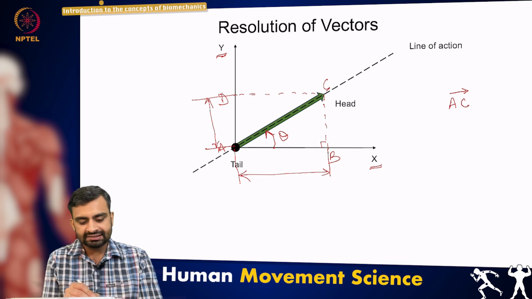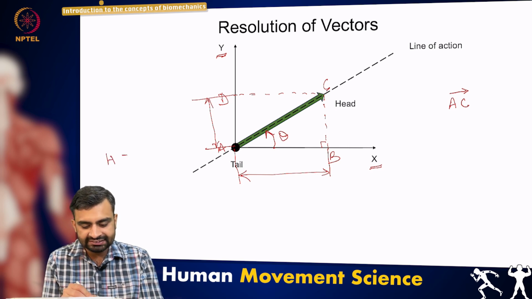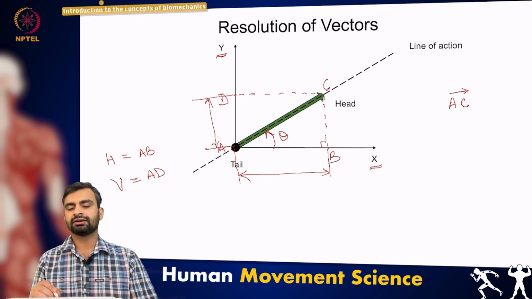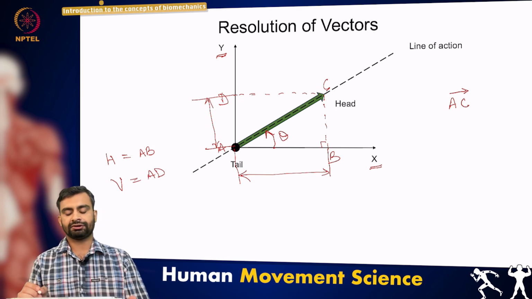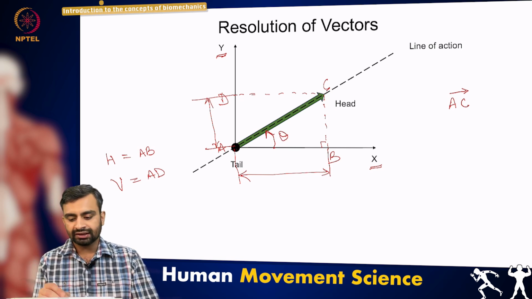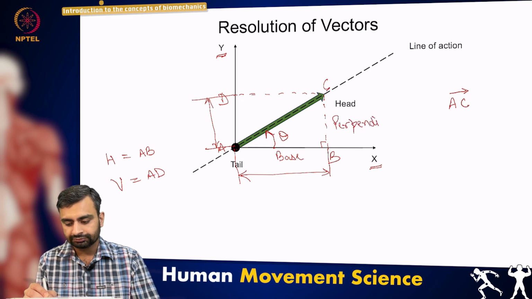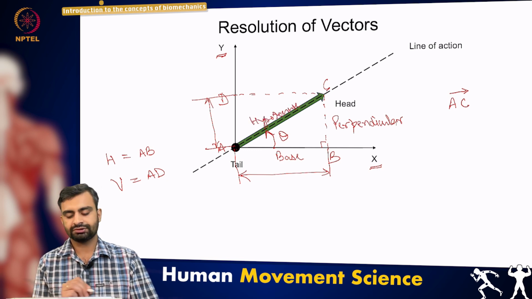If I represent horizontal by H, it represents the magnitude of AB, and vertical by V the magnitude of AD. Using the right angle triangle and trigonometry, we can easily find these, since this is the base, this is the perpendicular, and this is the hypotenuse of the right angle triangle.